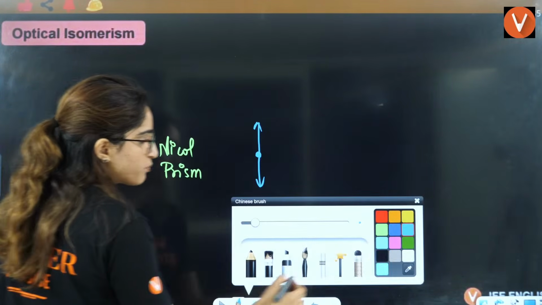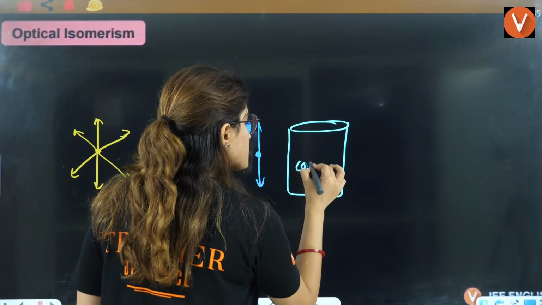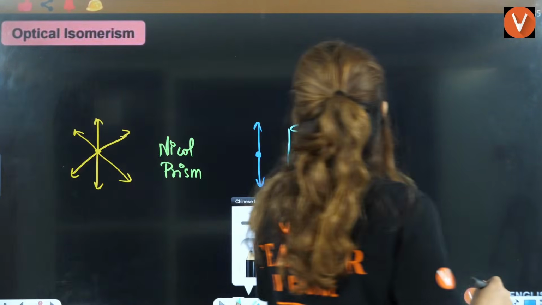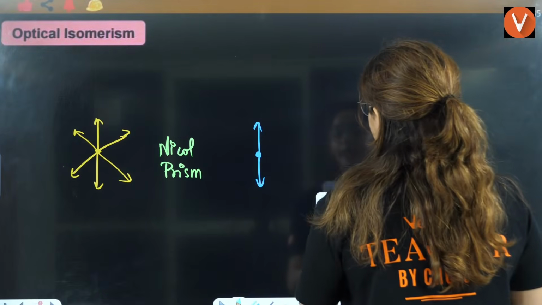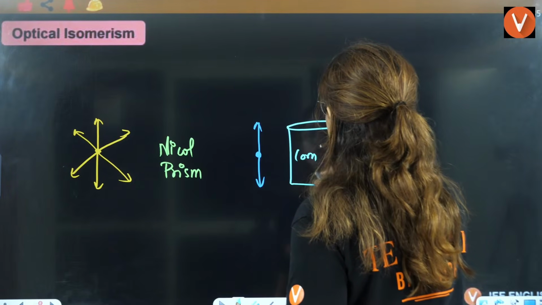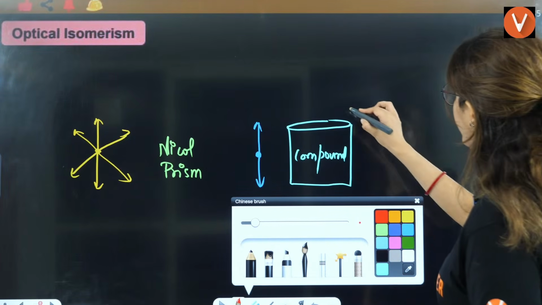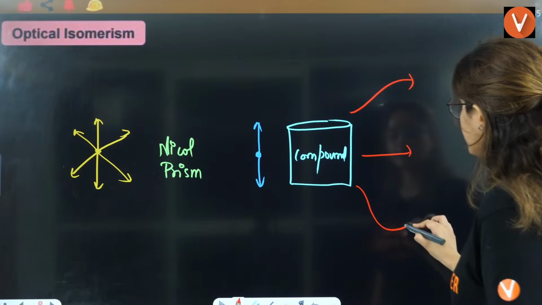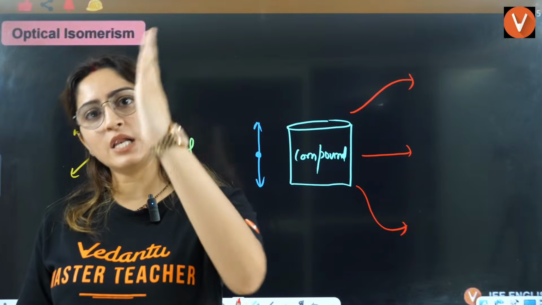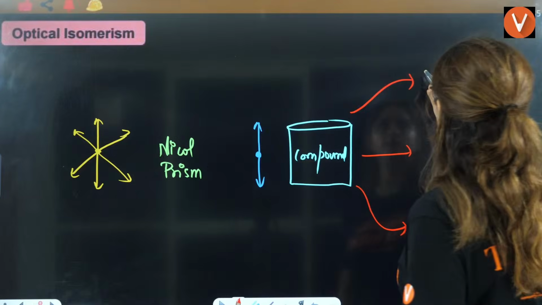Now, this plane polarized light is passed through a compound. Three possibilities can arise out of it. First possibility is that this plane polarized light will rotate towards the right side.